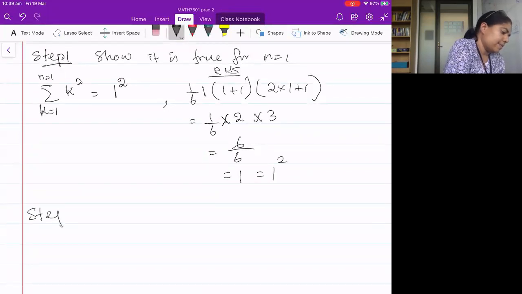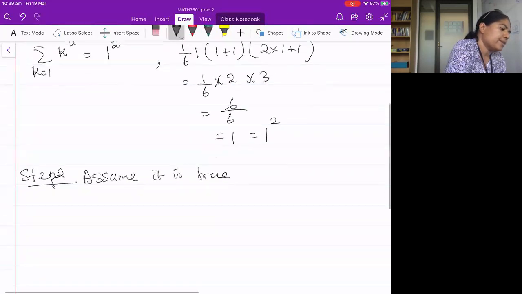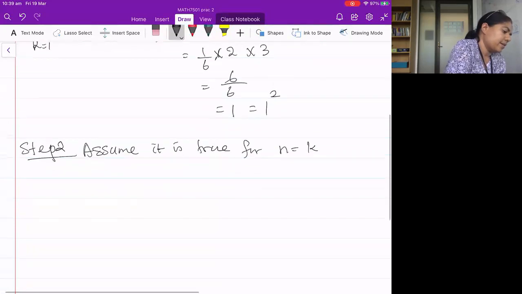Then step 2 is assume the statement is true for n equals k.